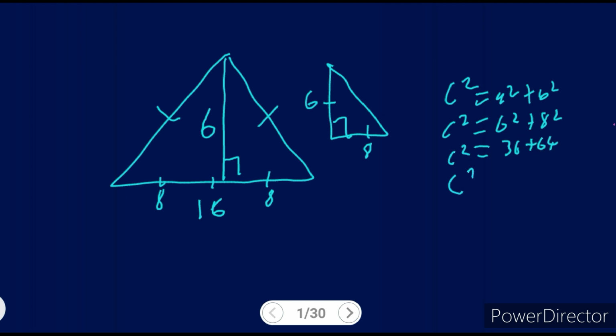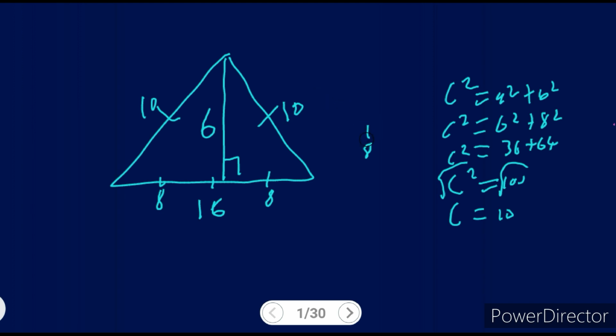So c squared is equal to 100, and if you square root both sides, c is equal to 10. So if this side is 10, we don't need to do the whole calculation again for this side, because we're told it's equal. So it's also 10. That is 10 units.